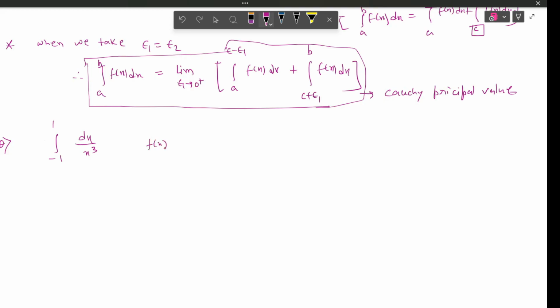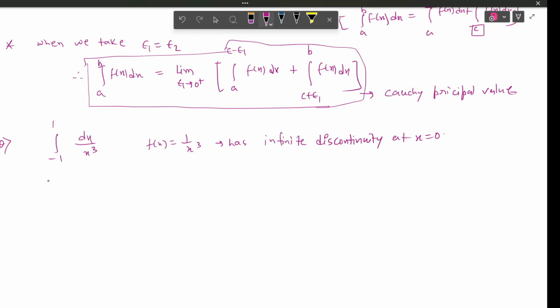So if we take f(x) as 1 by x cube, we can say this function has infinite discontinuity at x equals 0, right?